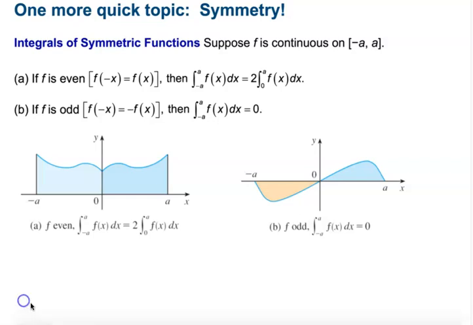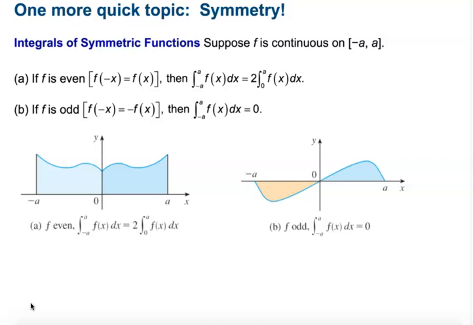Yeah. All right. So we have functions that are odd, even, or neither. An even function is a function with y-axis symmetry. So y-axis symmetry means that f of negative x and f of x are the same. You have the same stuff on both sides of the y-axis as you go out.